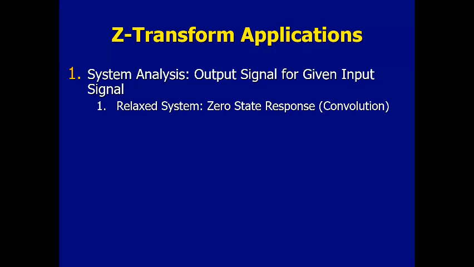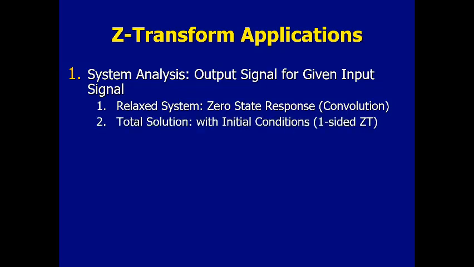We can do convolution in the Z domain, just like we did in the DTFT domain, by taking the Z-transform of the unit sample response, the Z-transform of h of n, which is H of z, the transfer function, taking the Z-transform of the input, and multiplying those together to do convolution, and then inverse transforming the result to get y.